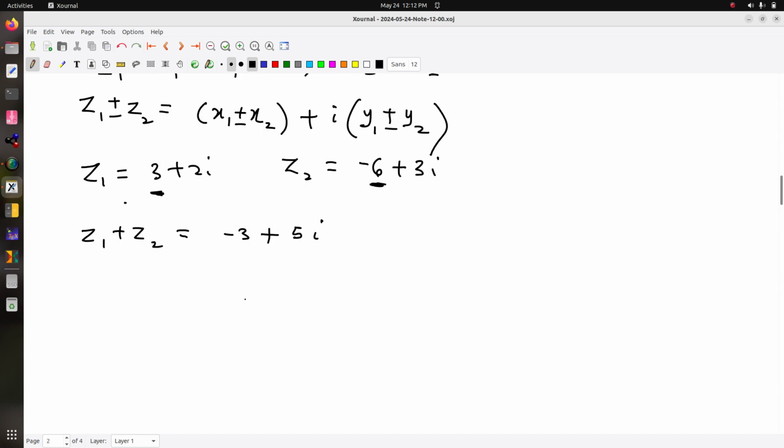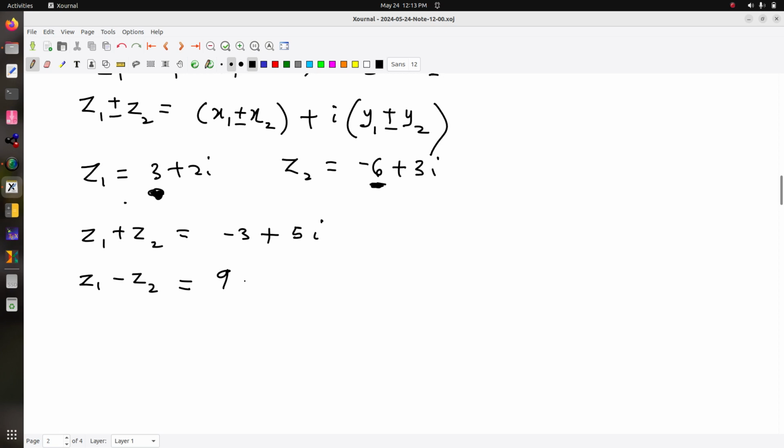Then if you want to do z1 minus z2, it's going to be 3 minus, minus 6, that will be 3 plus 6, because the real part here is 3 and the real part here is minus 6. So subtracting minus 6 from 3 gives 3 plus 6, and that will be 9.